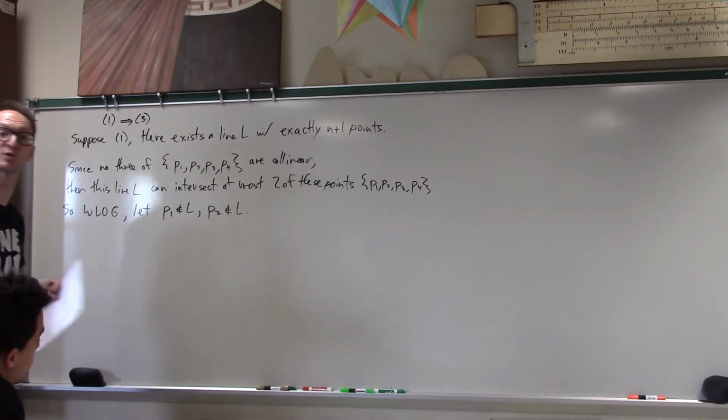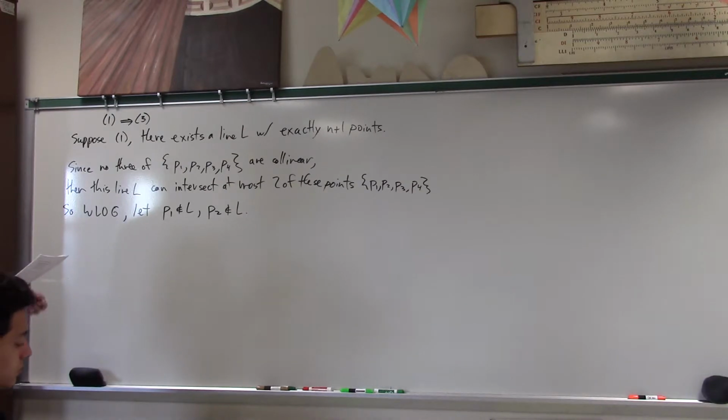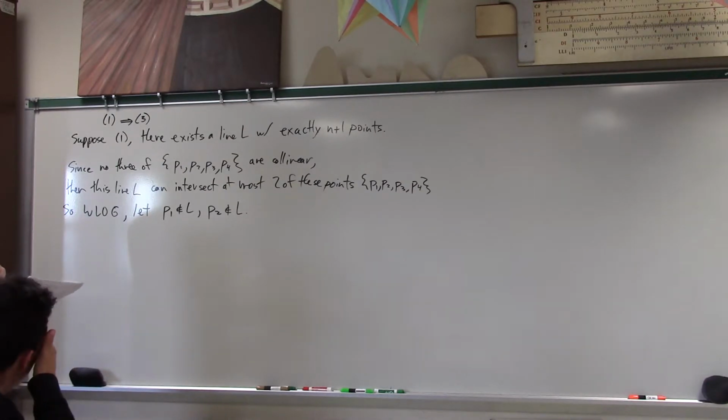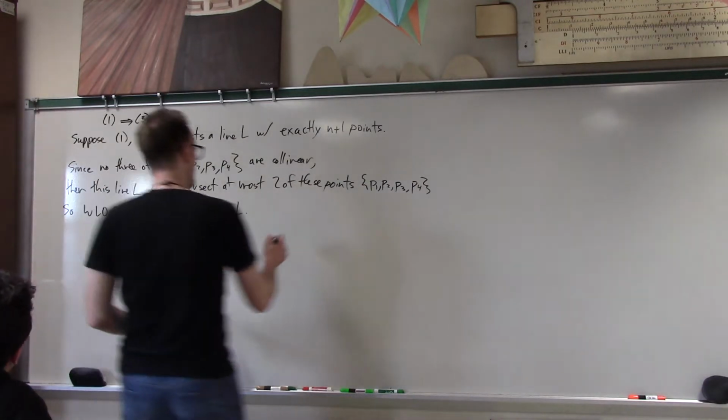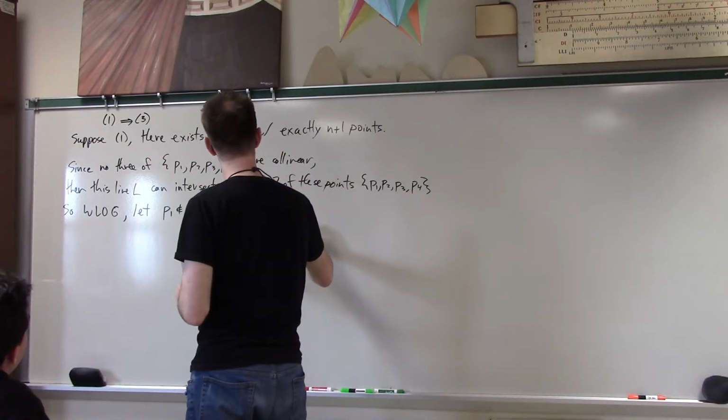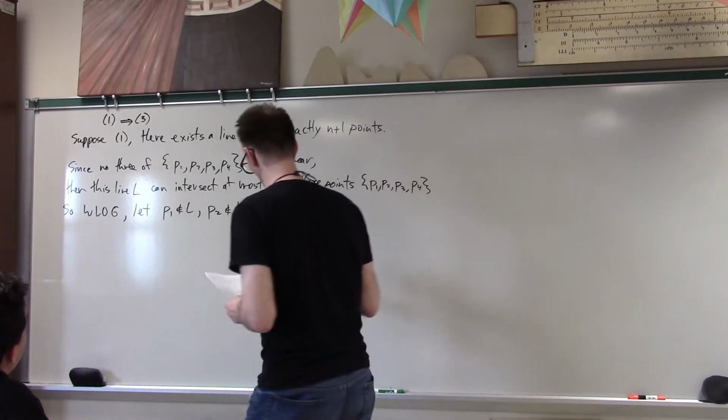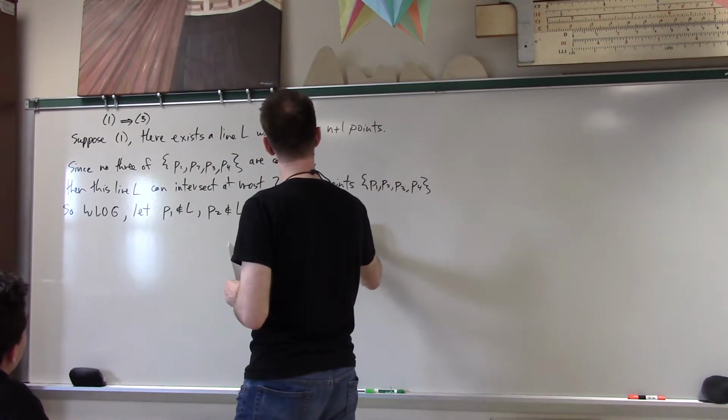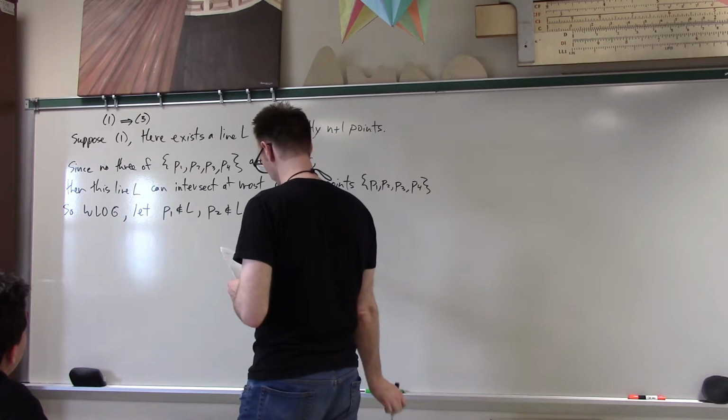I can finally start to draw my picture because I know that I have this line L and I know that it doesn't go through P1 or P2. Okay, so what are my facts that I now invoke? Well, I have these points P1 and P2. They're certainly distinct.